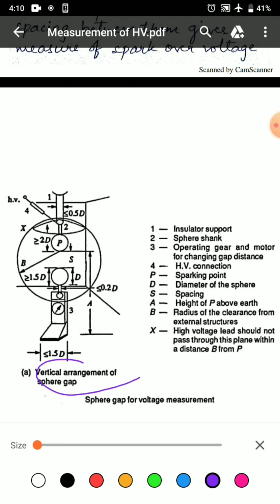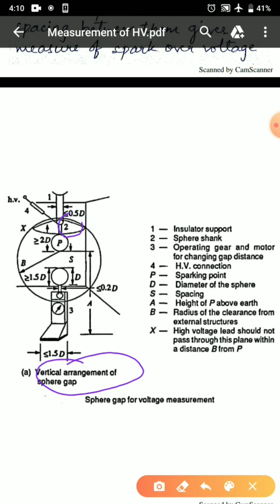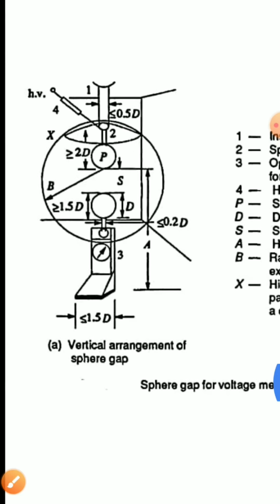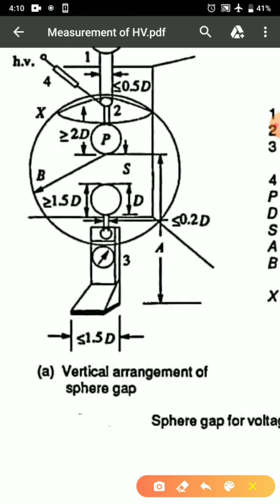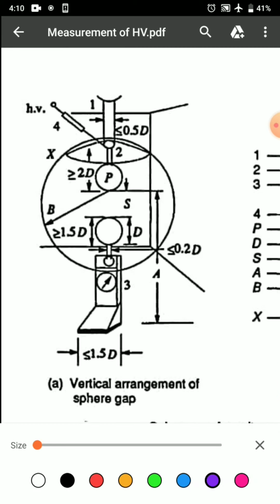The vertical arrangement of a sphere gap is shown here. Sphere gaps are made with two metal spheres of identical diameter d with shank, operating gear and insulator supports.